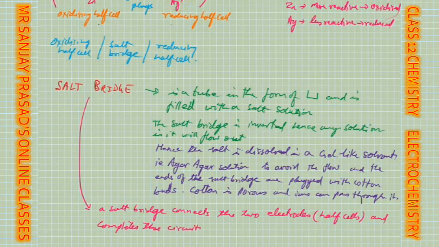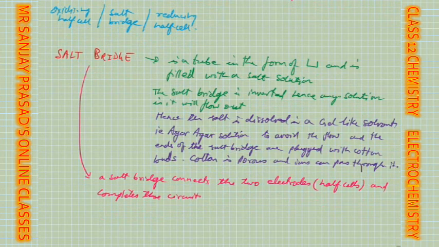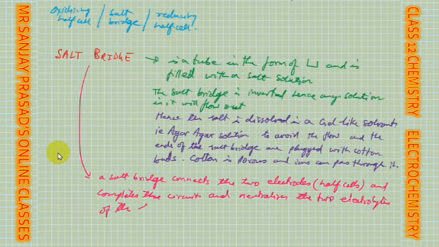And in doing so, what else does it do? Look here, the most important thing which it does is it completes the circuit and neutralizes the two electrolytes of the two half cells.